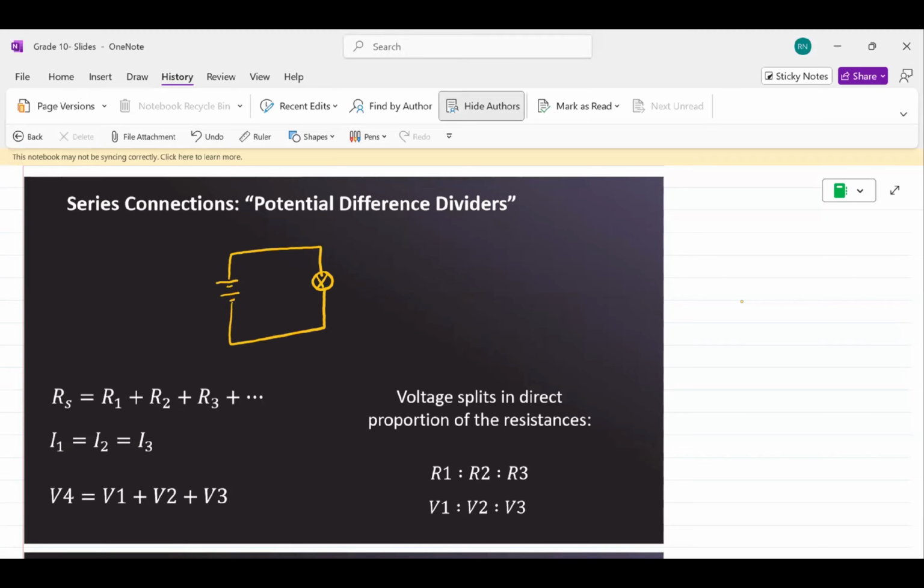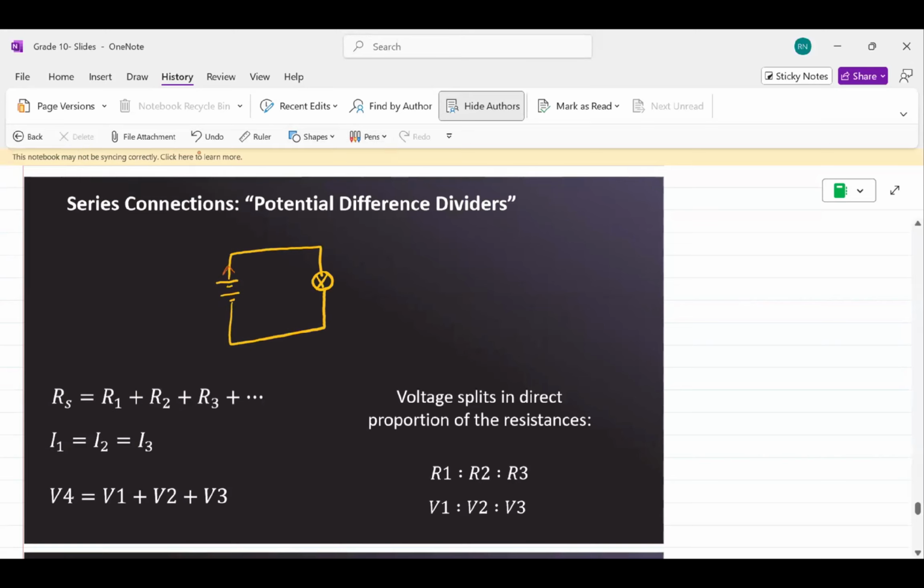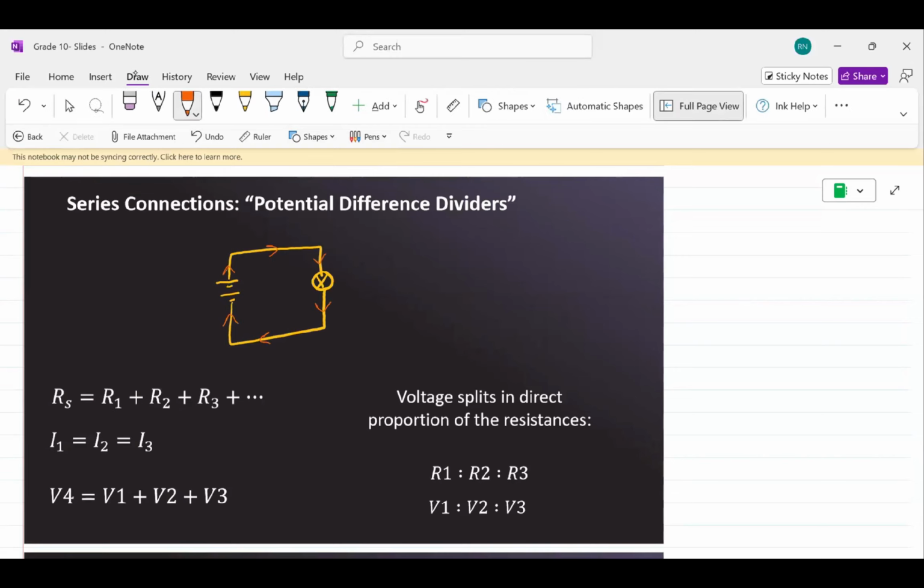So our current is going to move from the positive, move around, go through the light bulb and go around there. So there's no place for the current to branch out and do anything else. It follows just one path. So this is how we tell when something is series versus parallel, which we'll look at now.